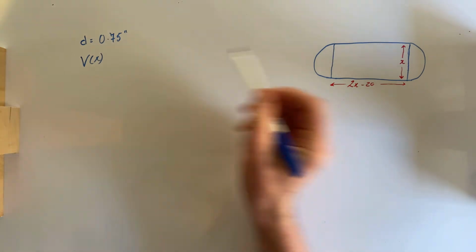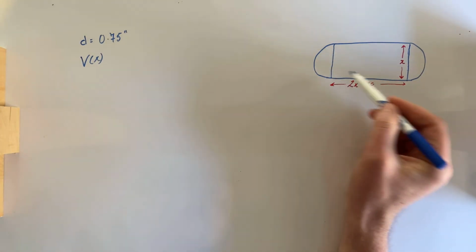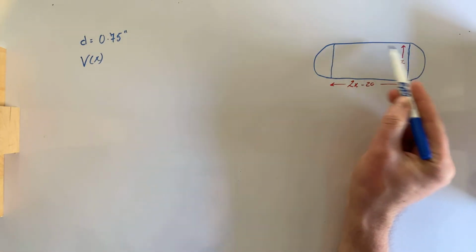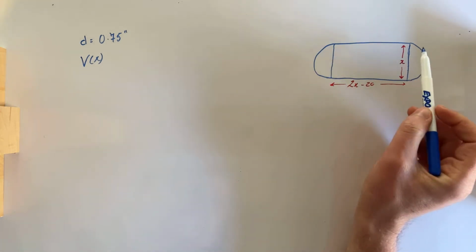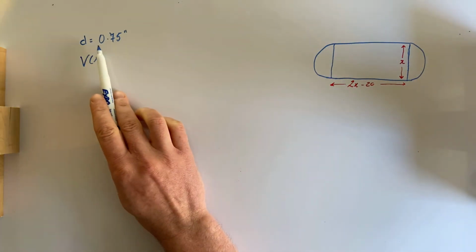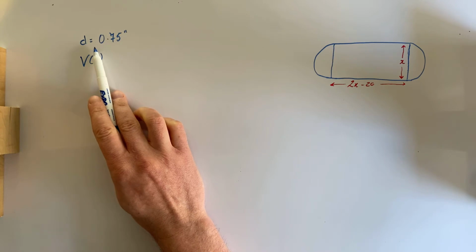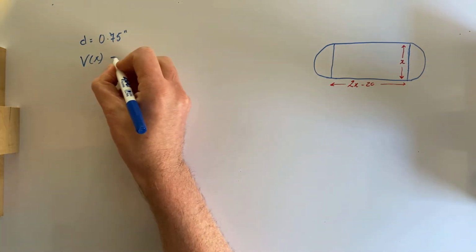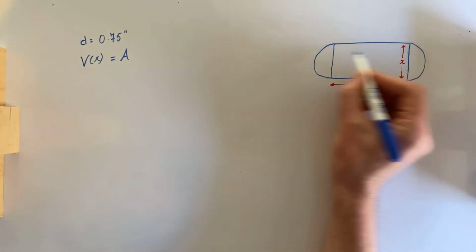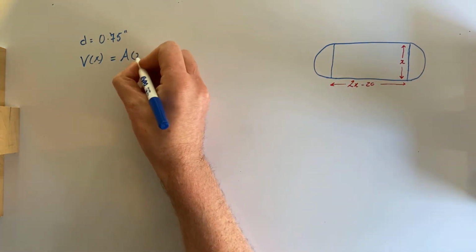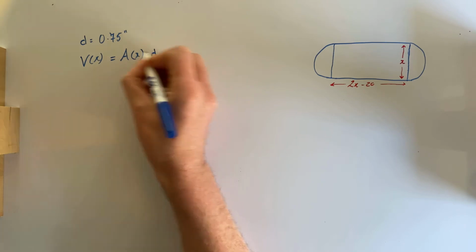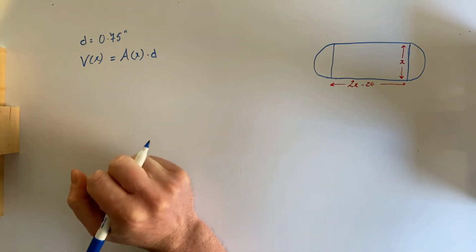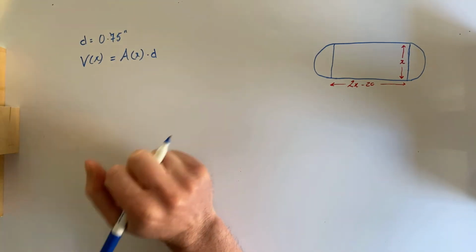In order to do this, I'm first going to find the area of the ice rink, the area of ice, and then I'm going to multiply it by the thickness of the ice, which again we are told is 3/4 of an inch. So I'm going to find the area of the ice rink as a function of x, and multiply that by D, the thickness of the ice, and that will give me the volume. Area times thickness will give me the volume.